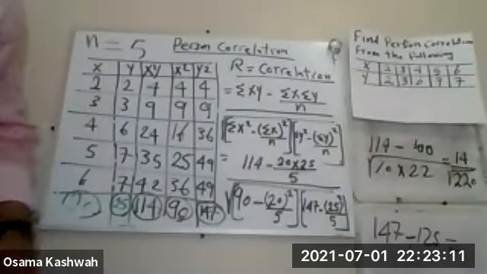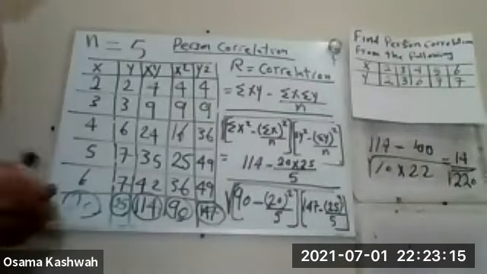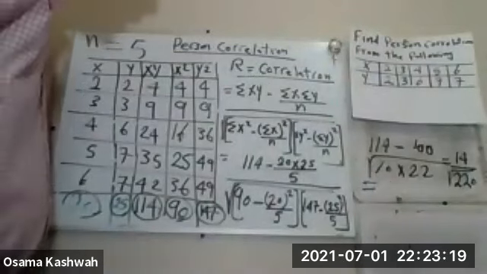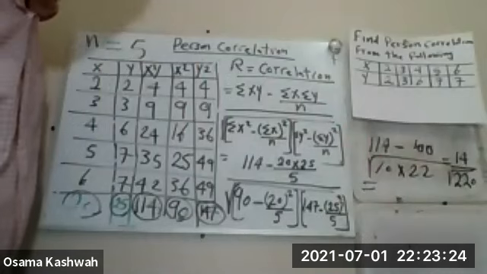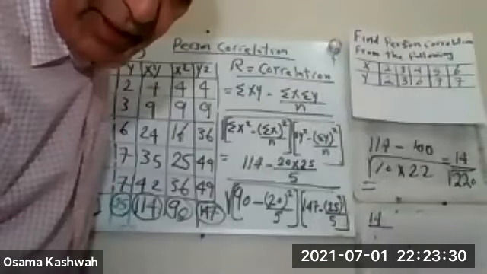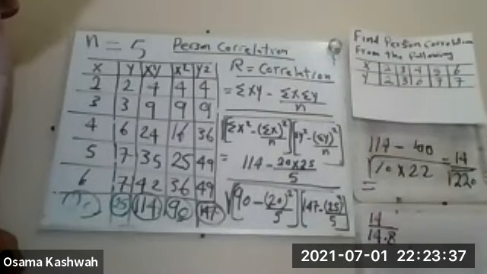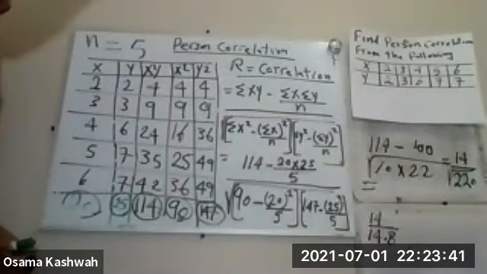Perfect. The last point: this will equal 14 divided by the square root of 220, which is 14.8. So it will equal 14 by 14.8. The square root of 220 is 14.8.